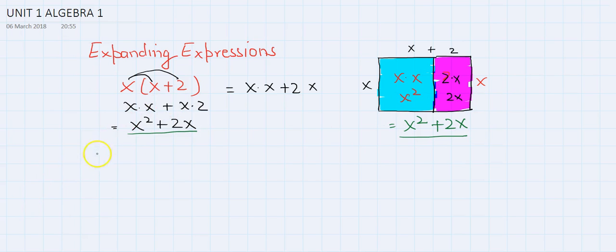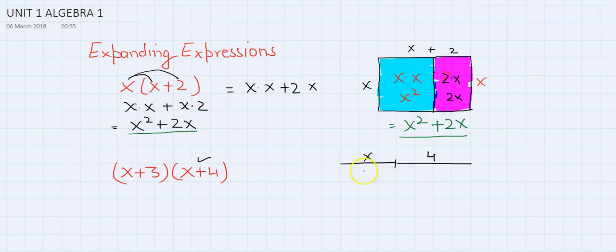Let's take another example, and that is, let's try to multiply x plus 3 and x plus 4. So let's expand x plus 3 and x plus 4. How can we solve it? Let's say this is x and this is 1, 2, 3, 4. So this is x and this is 4.